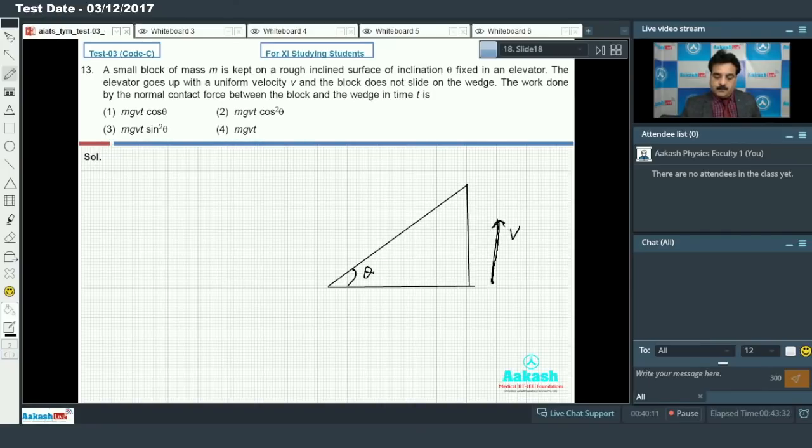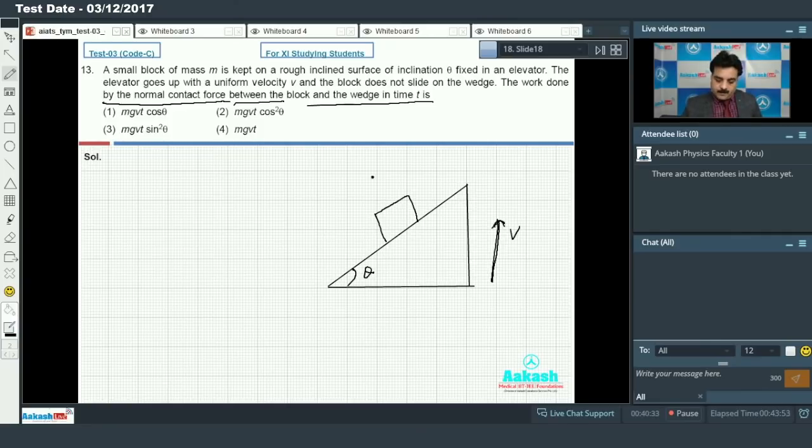Uniform velocity, so there is no acceleration. And the block does not slide on the wedge. This is the position of the block, and it will not slide. The work done by the normal contact force between the block and the wedge in time t.